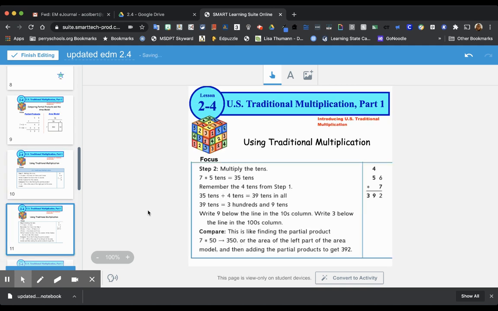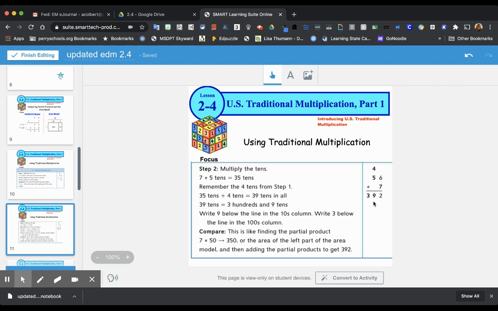Multiplying the tens is the second step. You're going to take 7 times 5 tens, which is 35 tens. Remember the 4 tens in step 1? Well, we need to add those. So you're going to take 35 tens plus 4 tens equals 39 tens in all. 39 tens equals 390. You can see it's written down here.